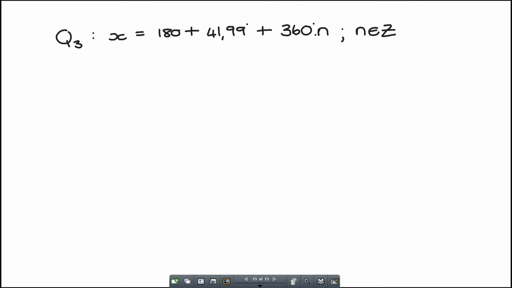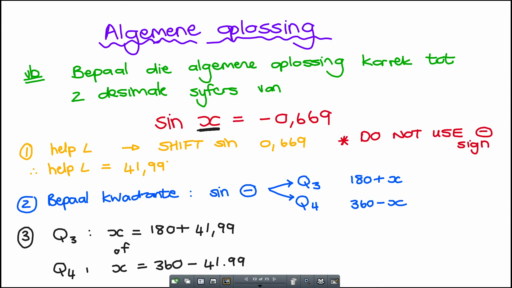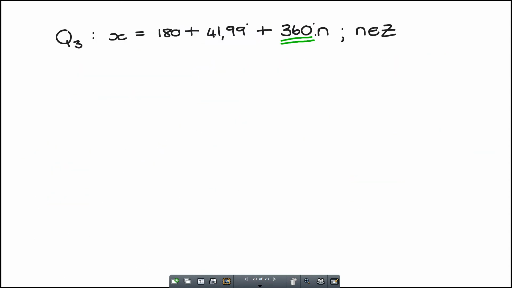Gaan nou verduidelik. Nou, daai 360, we use that because the period of a sine graph, ons werk mos hier met sin, onthou julle heel aan die begin het ek vir jou gesê, kyk hier so in rooi, sin x is gelyk aan minus 0,6, nee, so because I'm working with sine, the period of a sine graph, dink nou gou terug aan verlede jaar, nee, sin se periode is mos 360, nee, so whenever you have sine or cos, it would be 360 times n.